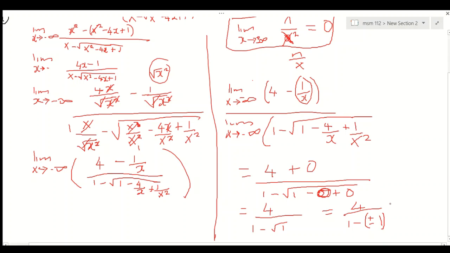If you take the positive 1, this will be undefined, so you take the negative 1, which will be 1 minus negative 1, like that. Then when you work this out, you find that the answer there will be 4 over 2, which is equal to 2. So solving this yields this answer, which is 2.